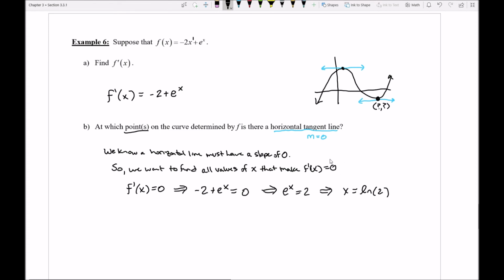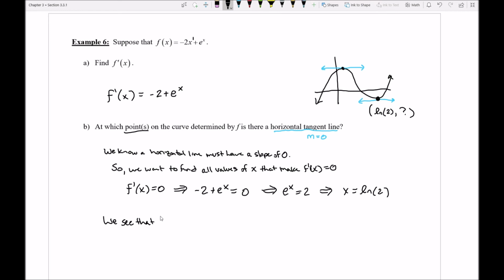Perfect. Or my derivative is 0, so my tangent line has a slope of 0. So I found one point, and really only one point, that had natural log of 2 as its x-coordinate. But since I want the points, I would still need to find its y-coordinate.